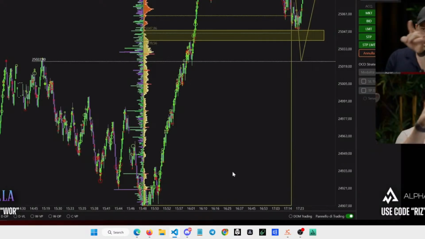So I have like a Gauss distribution of all the edges that I put in the market, and I optimize and always monitor them. If a model is not profitable anymore, I remove it, and all the others recover the loss that the model did. It's an amazing ecosystem, you know.